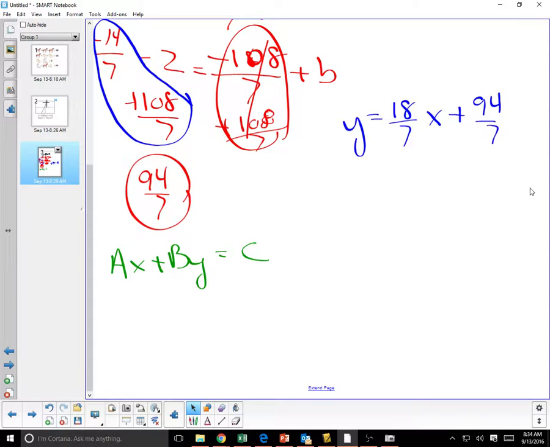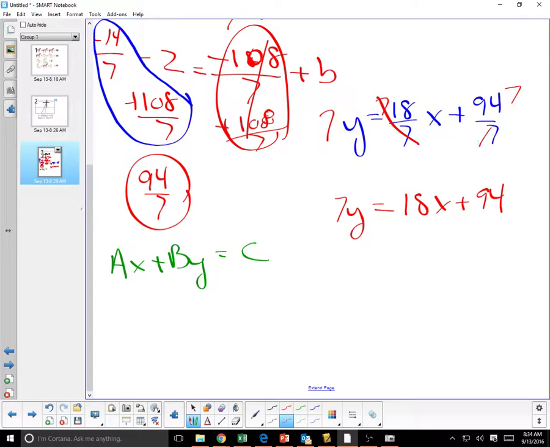For starters, I don't want to work with those fractions. What's my common denominator? I'm going to multiply everything by 7. So times 7, times 7, times 7. That gives me 7y is equal to 18x plus 94. That's a cool trick. I like it a lot.